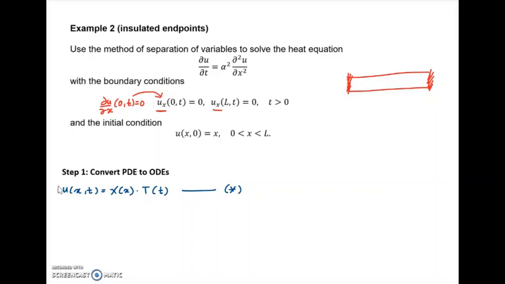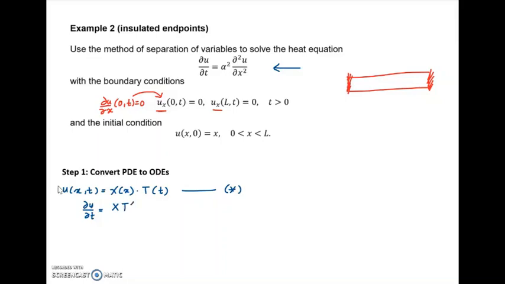In the heat equation given to us at the top, we have del u del t, meaning we need to differentiate u with respect to time. So X follows. I'm going to drop the small x, but you should know capital X is actually a function of small x. Since we just differentiate with respect to t, here we have T prime.